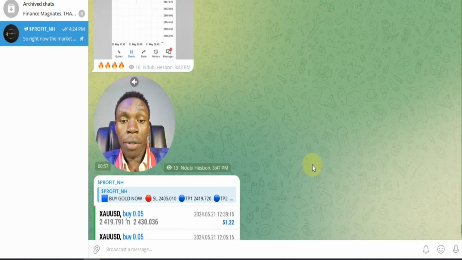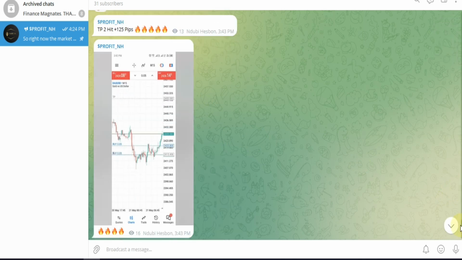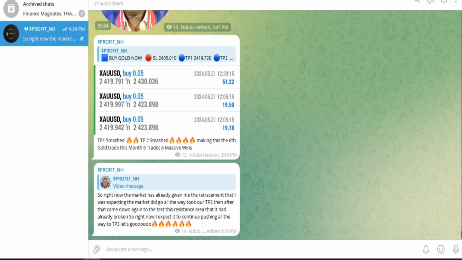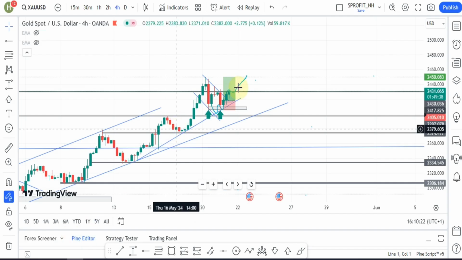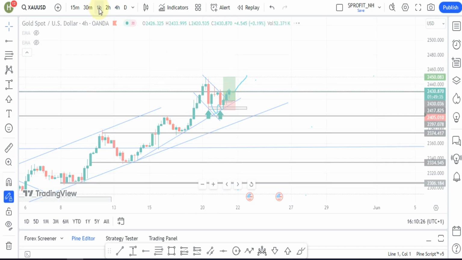Then I explained to my free Telegram community what I'm expecting the market to do, and the market did exactly as I expected. You can already see we're still flying, still pushing all the way up there. Right now, this is what the market is doing. I'm still holding some of the entries in this market.